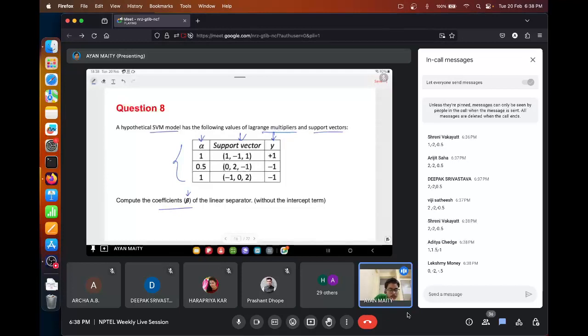So many different answers I'm getting in the chat. Meenakshi is saying 1, 1.5, minus 1. Harapriya is saying 0, 2, minus 5.